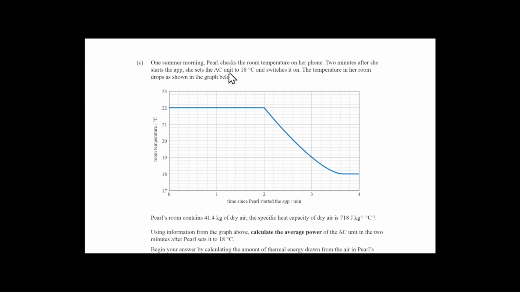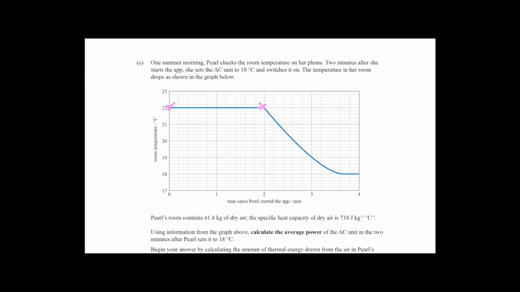All right. So Pearl checks the room temperature on her phone. It's 22 degrees. 2 minutes after she starts the app, she sets the AC to 18 degrees Celsius, so it wants to get to 18 degrees Celsius, and so she turns it on here. It's 22.